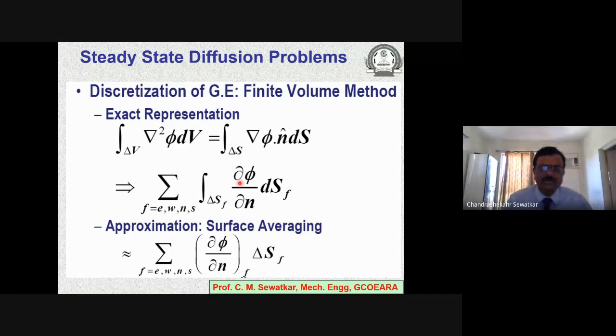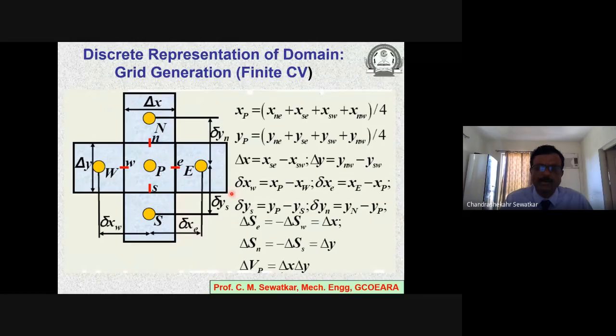Now what will we do? We will introduce an approximation. See, this del phi by del n is not known to us, but we can obtain its value by considering, let's say, that I know the value of temperature here and the value of temperature here.